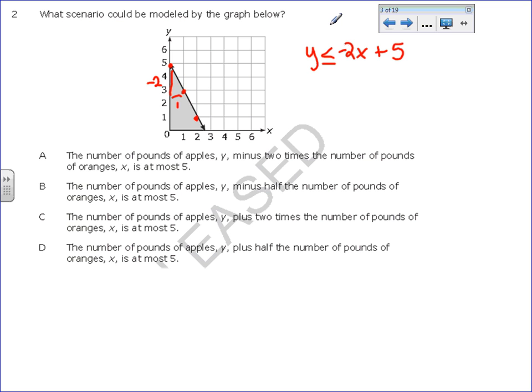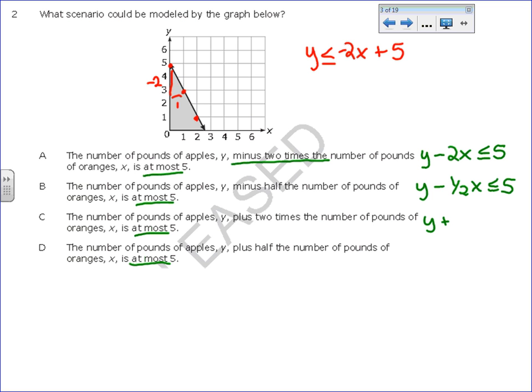Now if I look at my answer choices, it says the number of pounds of apples, y, minus 2 times the number of apples is at most. Okay? If you'll notice, all the answer choices said at most. That means they're all going to be less than or equal to. So if I turn this into an inequality, this should say y minus 2x less than or equal to 5, because y minus 2 times x. This one is y minus 1/2 x less than or equal to 5.